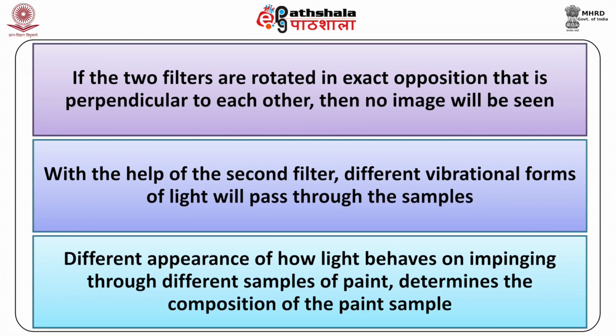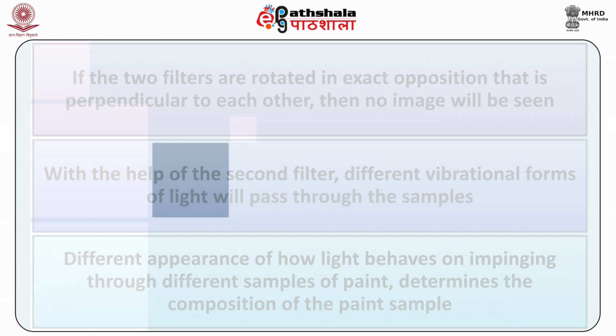If the two filters are rotated in exact opposition, that is perpendicular to each other, then no image will be seen. Thus, with the help of the second filter, different vibrational forms of light will pass through the samples. The different appearance of how light behaves on passing through different samples of paint is made use of in determining the composition of the paint sample.